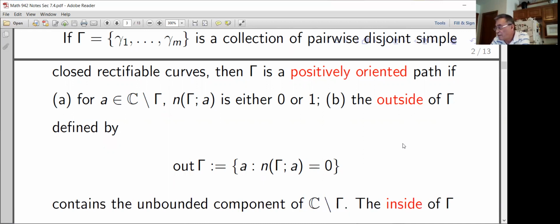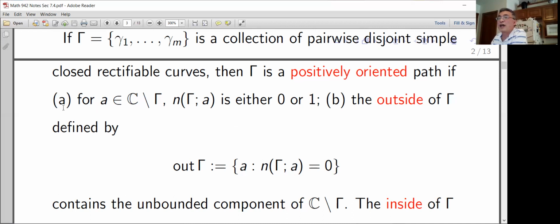This open set has several components, maybe one, maybe more, but exactly one component is unbounded. So C minus gamma has exactly one unbounded component, and the outside of gamma contains the unbounded component of C minus gamma. That is condition B.